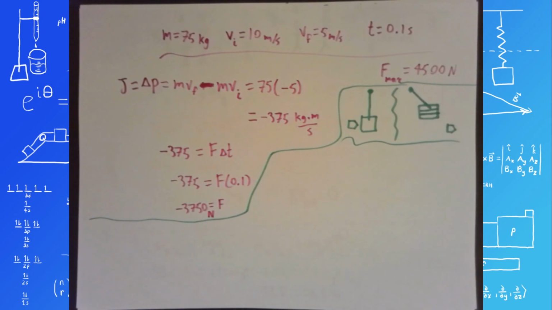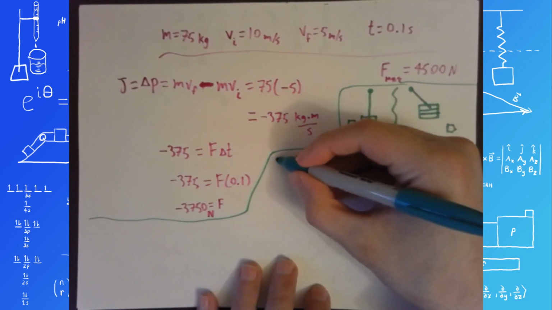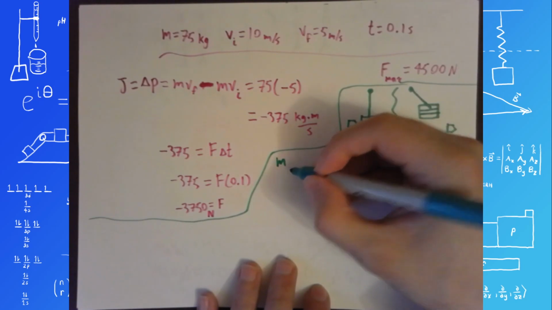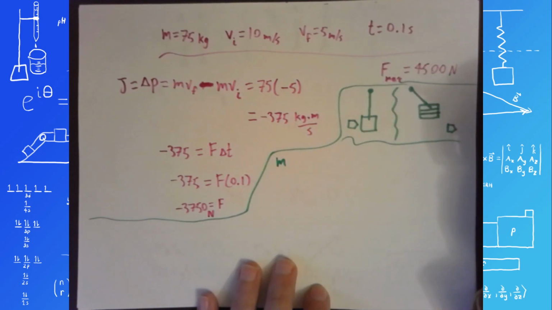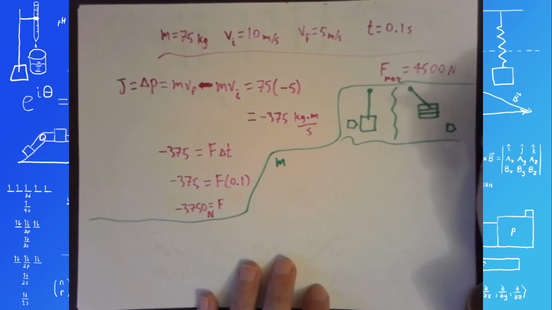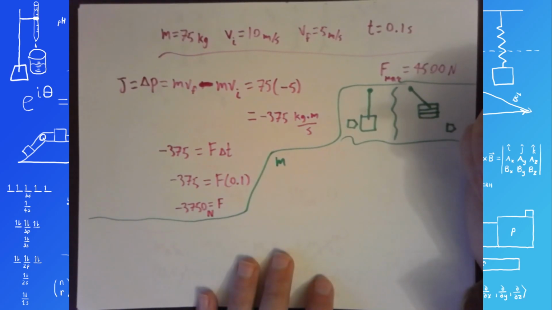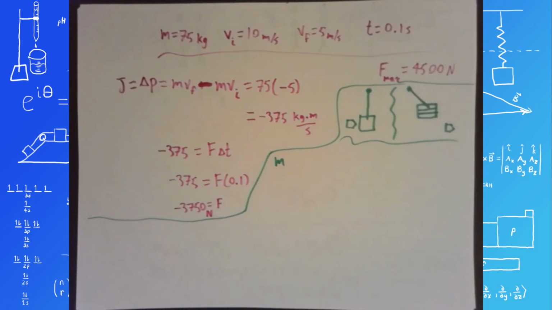So, 7-gram bullet. We know that the bullet is 7 grams. Well, let's see. Bullet and block both start with the letter B, so I don't want to use a single letter here unless I can come up with a different name.